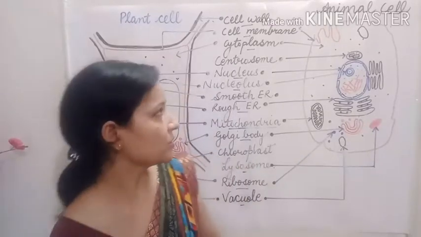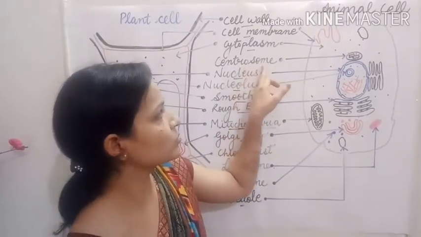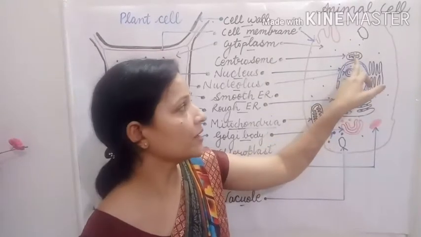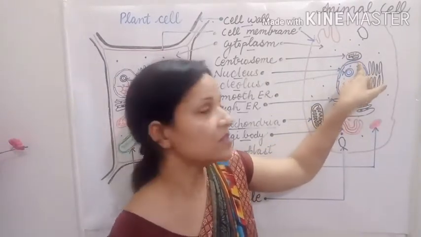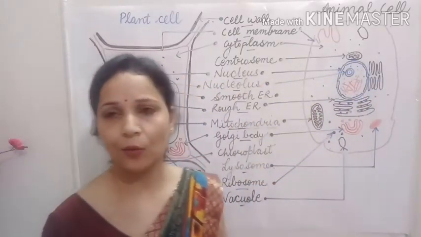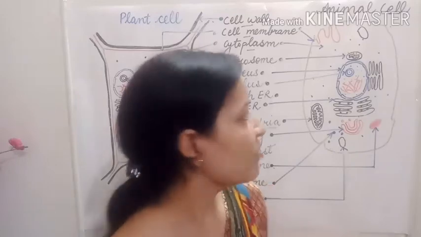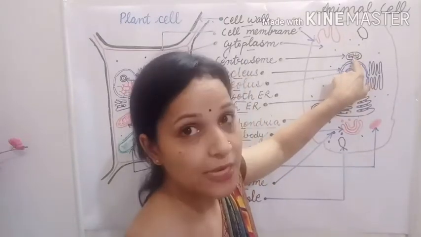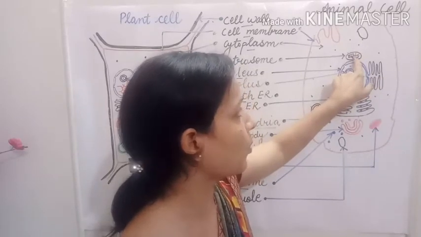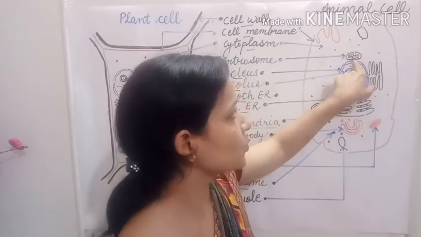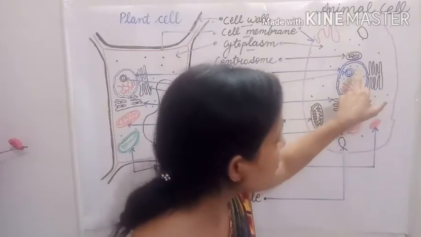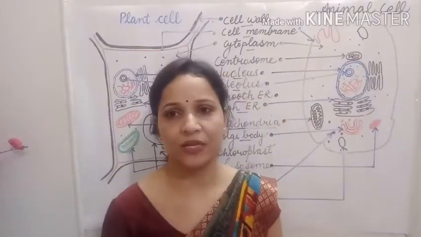Now, the next cell organelle is centrosome. Centrosome is found only in animal cell, means centrosome is absent in plant cell. A centrosome with a pair of centriole, you can see in the picture, inside the round shaped figure I made 2 points, means centrosome with a pair of 2 centriole is located near the nucleus.